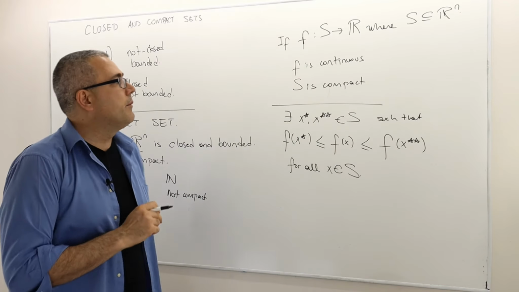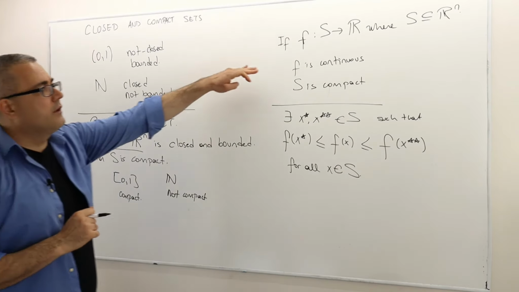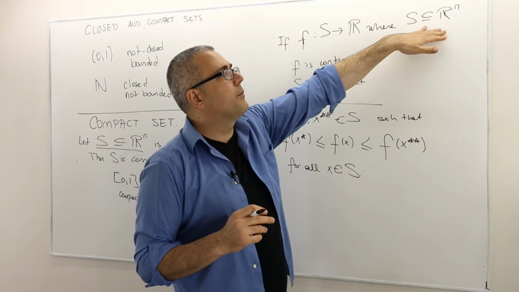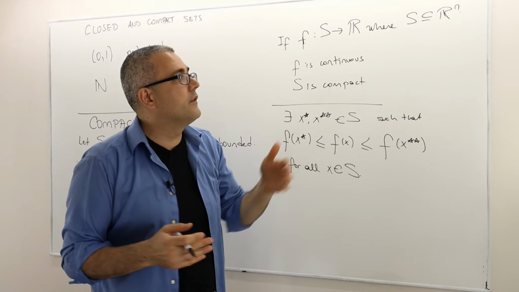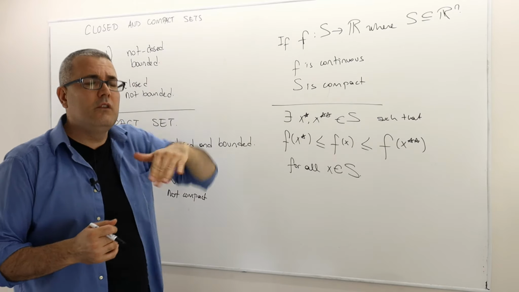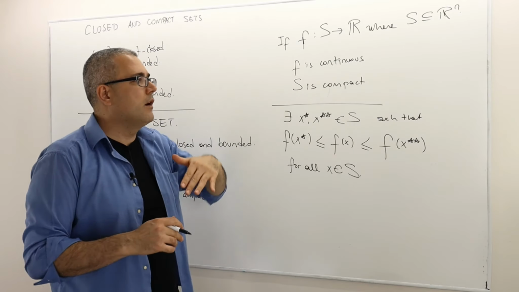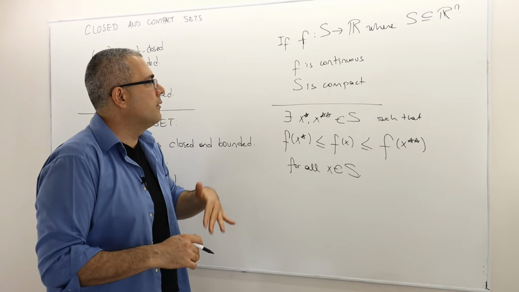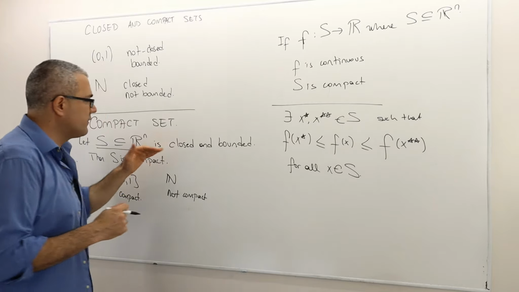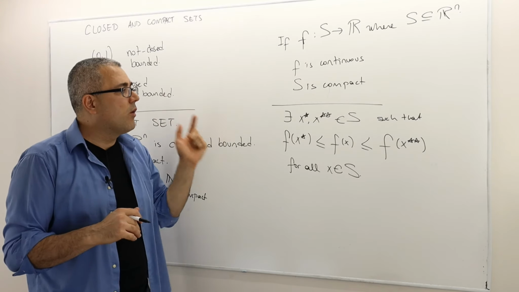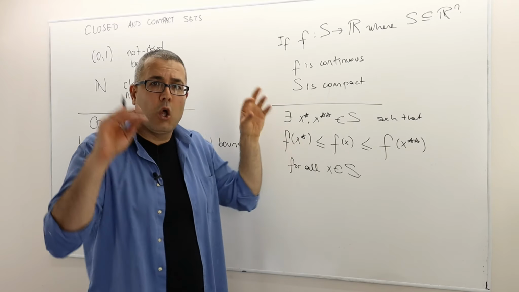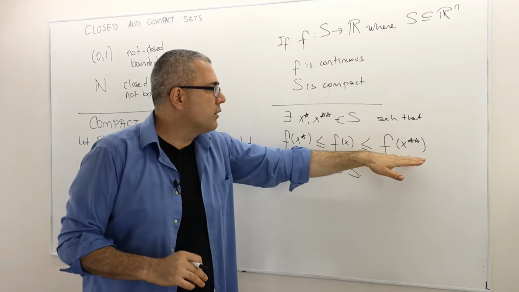So what does that mean? That means if your function is a real valued function defined over a subset of Rn, the simplest scenario being S a subset of R, like the closed interval [0, 1], and f is a continuous function, with no jump up or jump down, and S is a compact subset, meaning it's closed and bounded, then there's always a global minimum value of this function and there's always a global maximum.